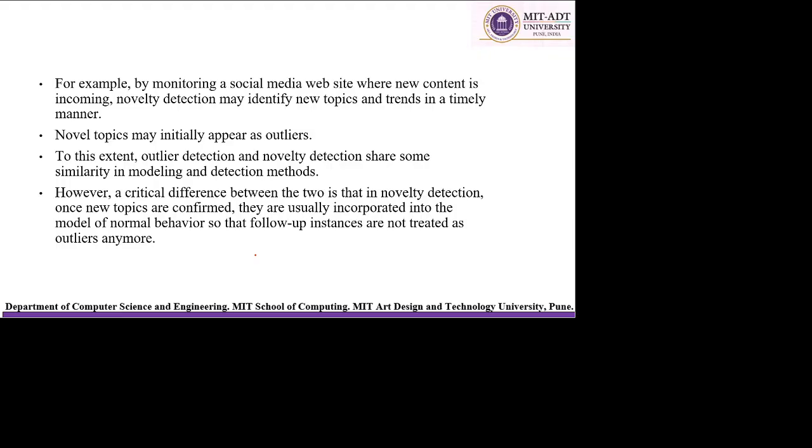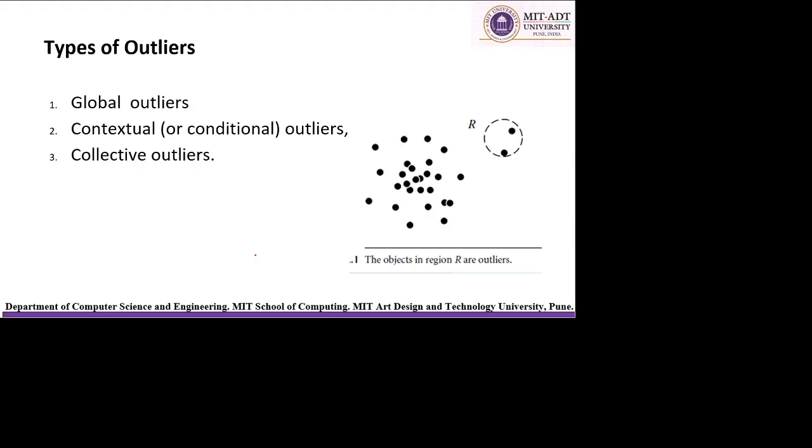The critical difference between these two is that in novelty detection, once new topics are confirmed, they are usually incorporated into the model of normal behavior, so that the follow-up instances are not treated as outliers anymore. So whenever new content appears, we can add it into our data set and flag it as normal.